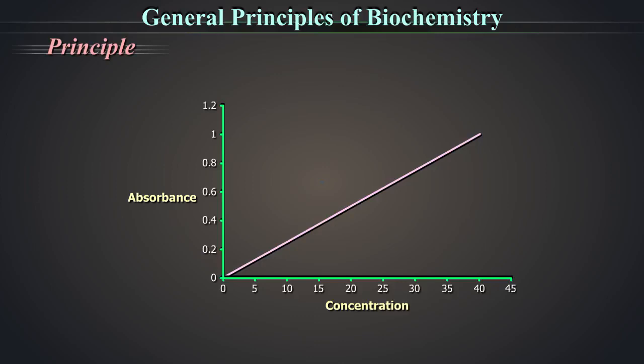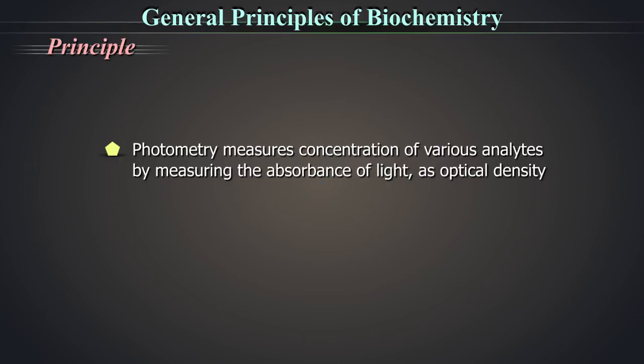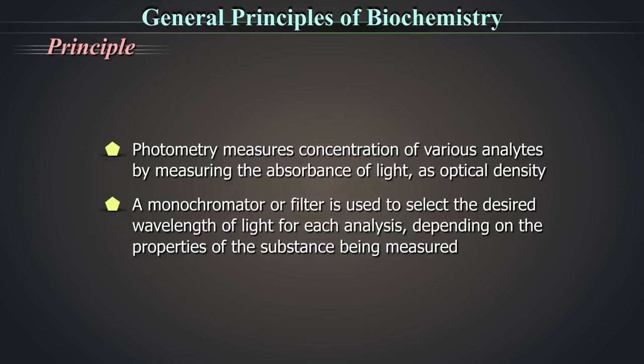The amount of light absorbed by the solution is proportional to the concentration of the solute present. Photometry uses this relationship to measure concentration of various analytes by measuring the absorbance of light as optical density. A monochromator or filter is used to select the desired wavelength of light for each analysis, depending on the properties of the substance being measured.